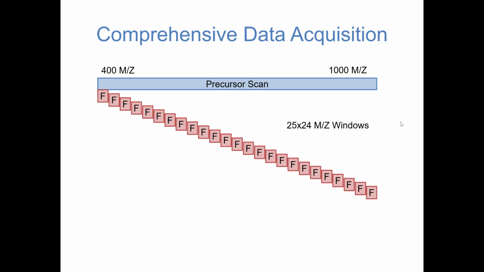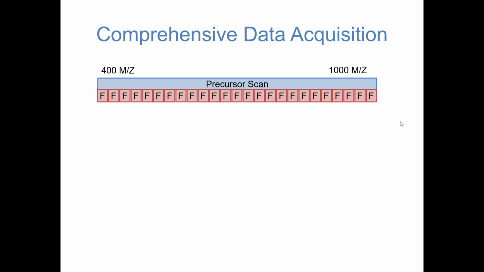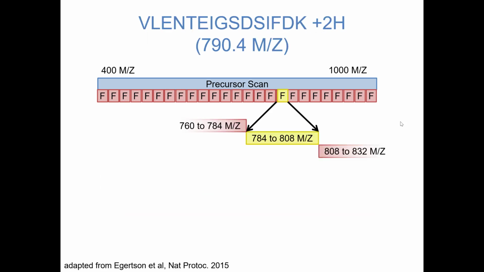Here I'm just showing you 24 m/z wide windows. If I collapse those down, there's about 2.5 seconds in between each of these fragment ion scans, and you would end up seeing this, and then these would be repeated. Each one of these fragment ion scans would be 24 m/z wide, so this would be 784 to 808 m/z.